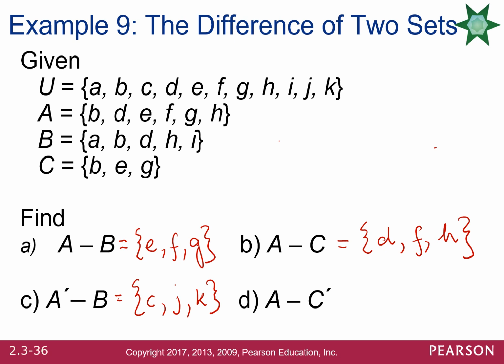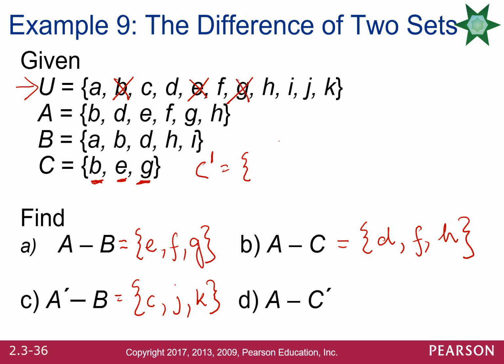All right. So A minus C naught, we have to figure out from the universal set which ones we should remove to come up with the elements of C naught. All right. So we have to remove this B from the universal set. We have to remove the E, and we have to remove the G from the universal set.